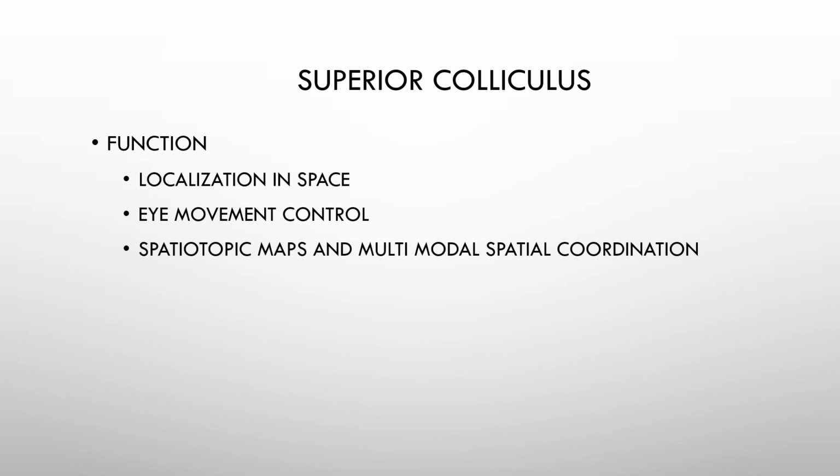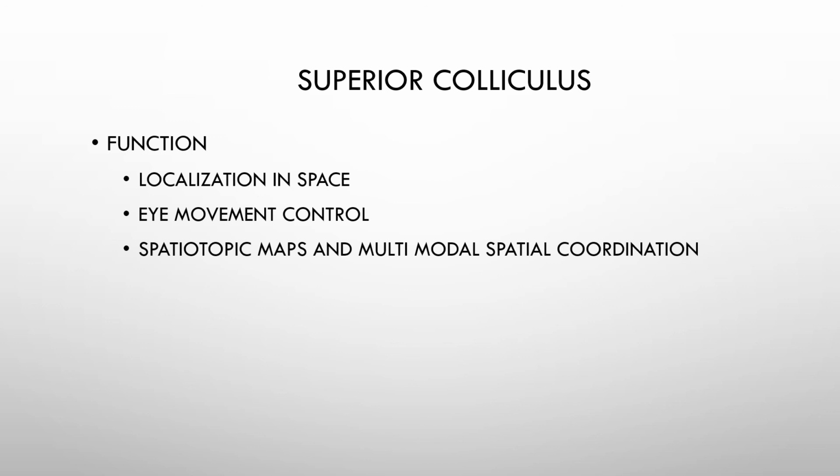So moving on to the superior colliculus, its function is, overall, what it's doing is it's allowing for eye movement control, and so localization in space is really important. It has these spatiotopic maps, and it is receiving information from different modalities, so different senses.